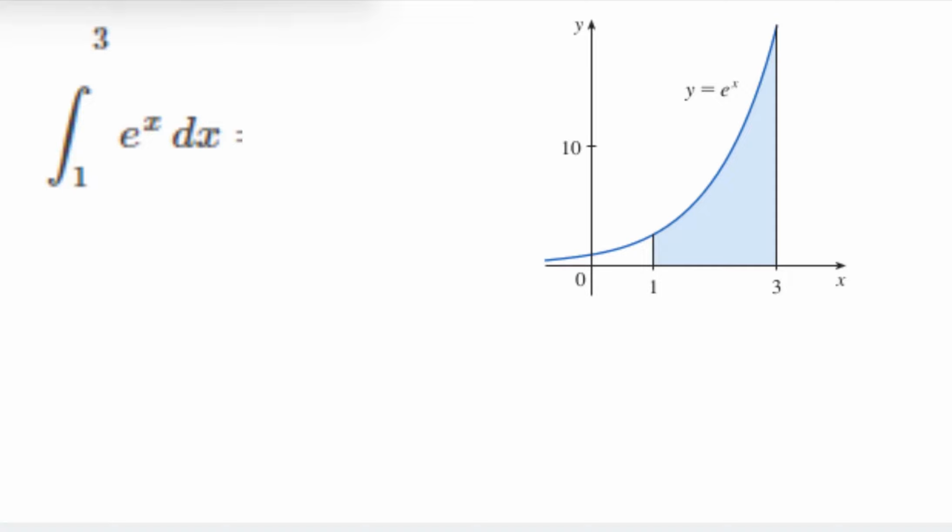All right, so let's look at this one. So this is y equals e to the x. And this is the area, the space that I'm looking for. So what is the integral, or antiderivative, of e to the x?